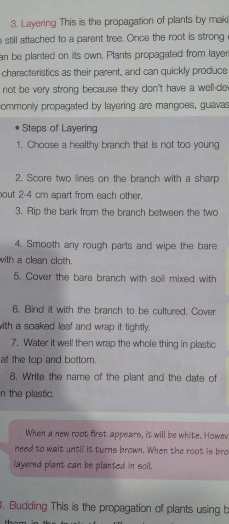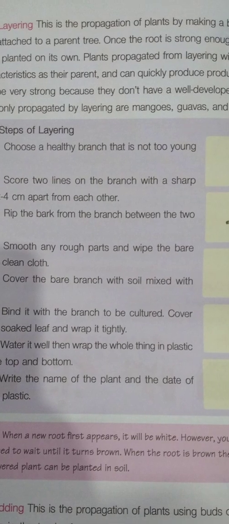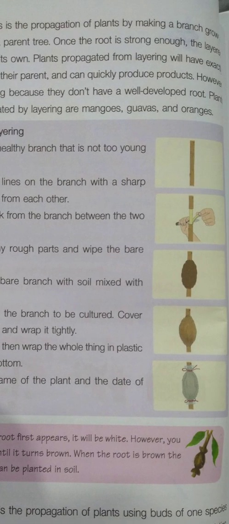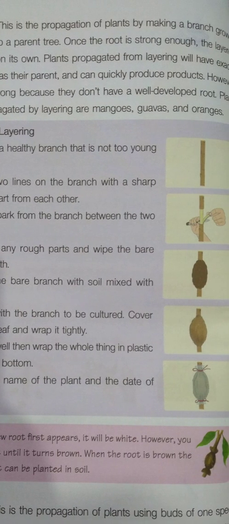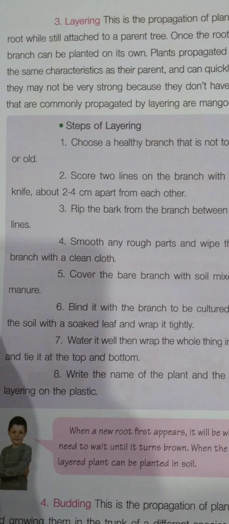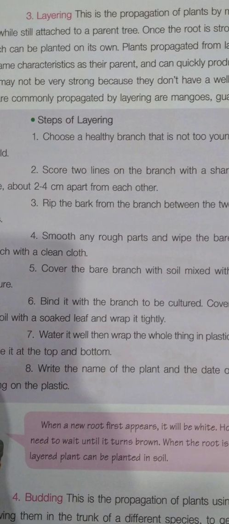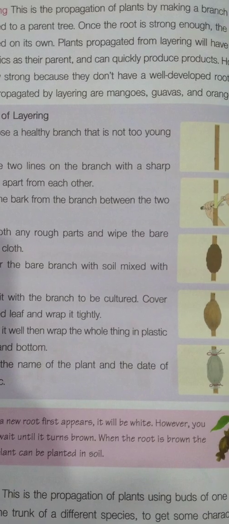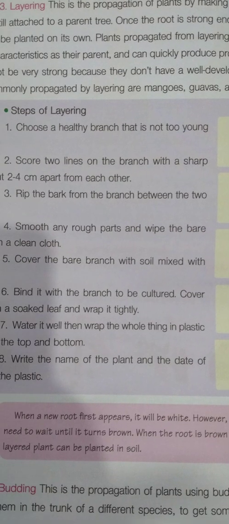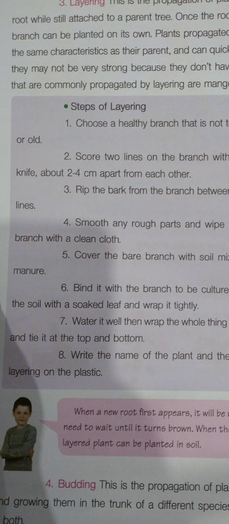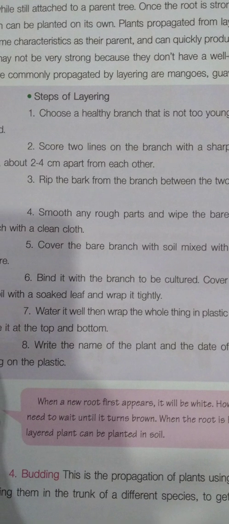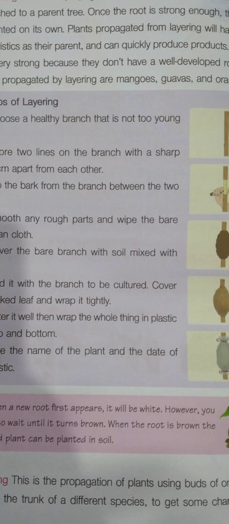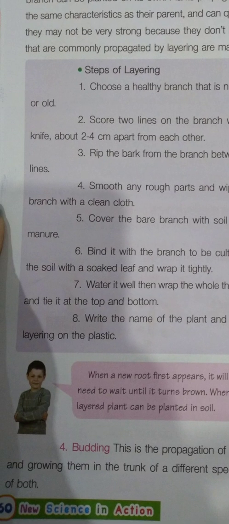And number 3, rip the bark from the branch between the two lines. Number 4, smooth any rough parts and wipe the bare branch with a clean cloth.